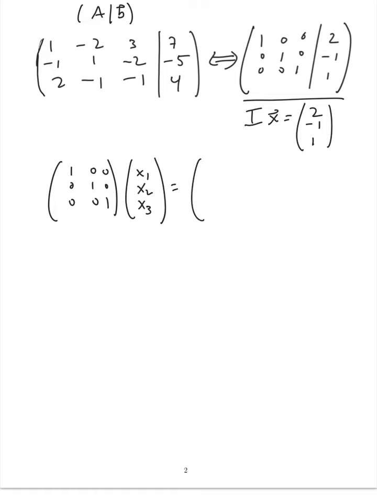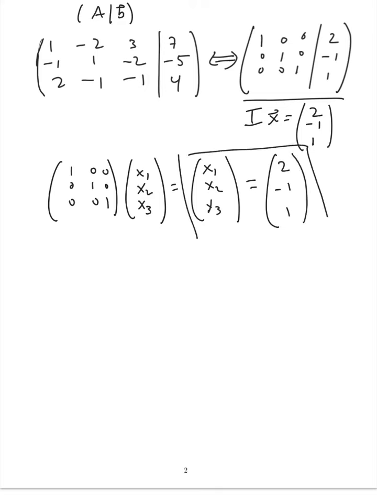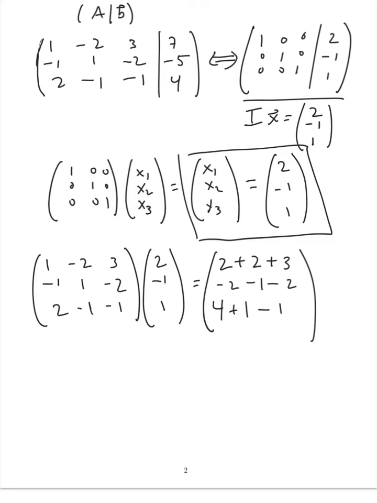Well, we get the vector x1, x2, x3, and that is equal to (2, -1, 1). Okay, so we have found our solution. Now we simply have to double check. I'm taking the matrix A and our solution x here, and multiplying it out. And I end up with 7, -5 and 4, which is indeed what we wanted. So we got our solution.